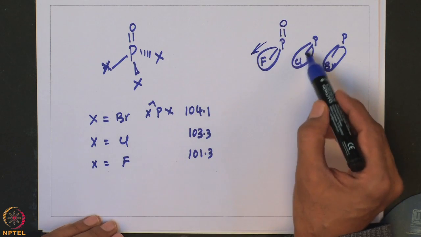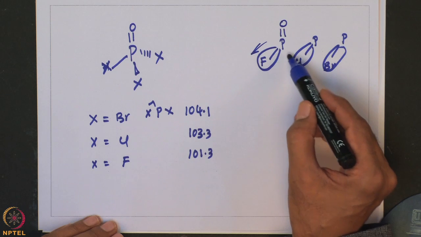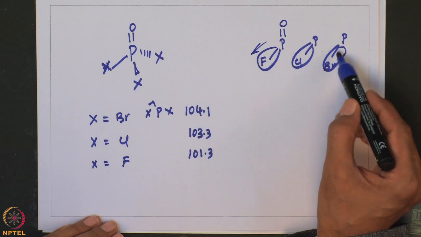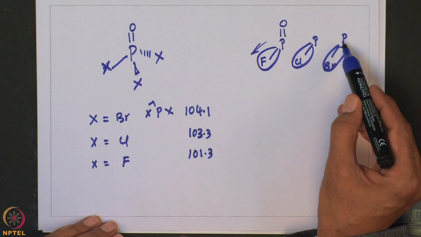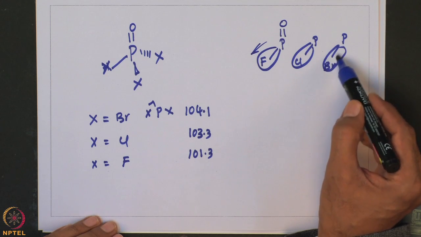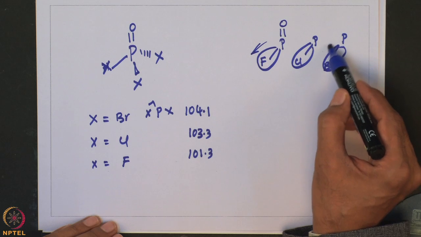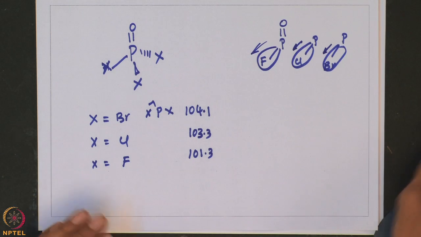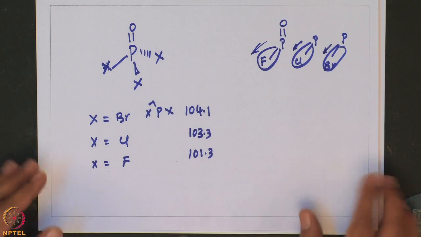On the other hand, here it is less electronegative, obviously you can expect angle to be a little larger, and in this case angle can be even larger because less electron density is going towards the halide ions. So, you should be able to explain why this is happening in case of XPX. The trend can be explained.